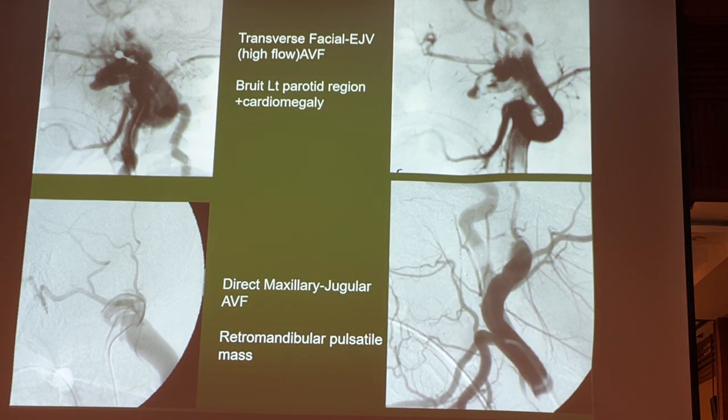And this is the one where they put the catheter quite high up in the maxillary artery. You see again the abrupt change of the caliber to the normal branch and the rapid shunt going down to the jugular veins. And now you can have the embolic material block at the junction of the distal artery to the proximal vein.